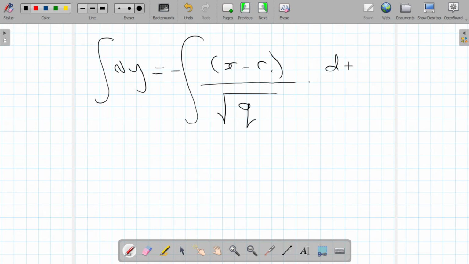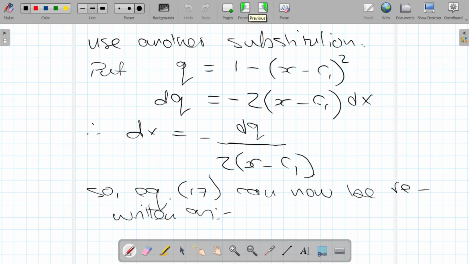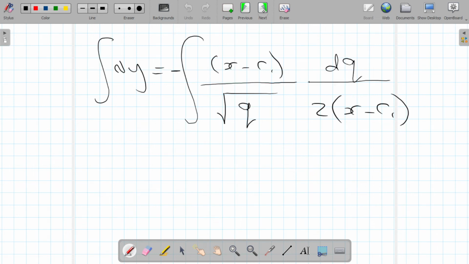So we've got dq all divided by 2 times x minus c1, close bracket, and then we've got that minus sign which I've already put in, and straight away you should be able to see that the x minus c1s cancel.